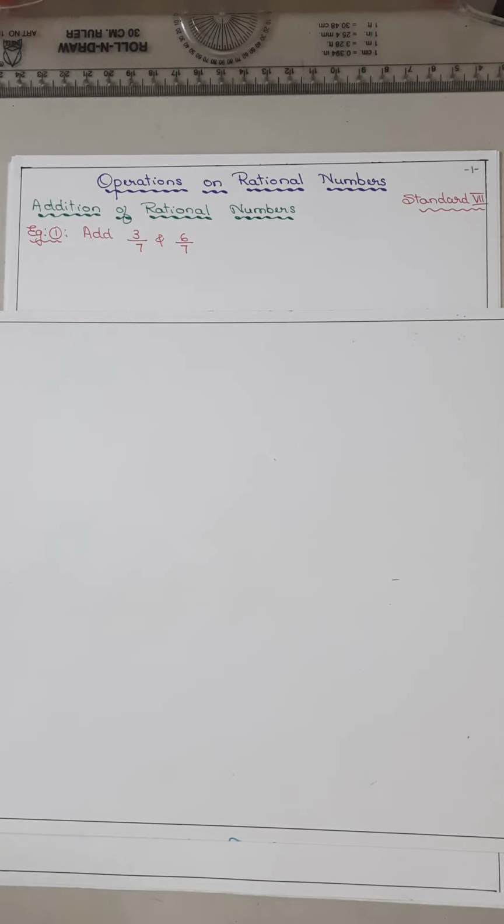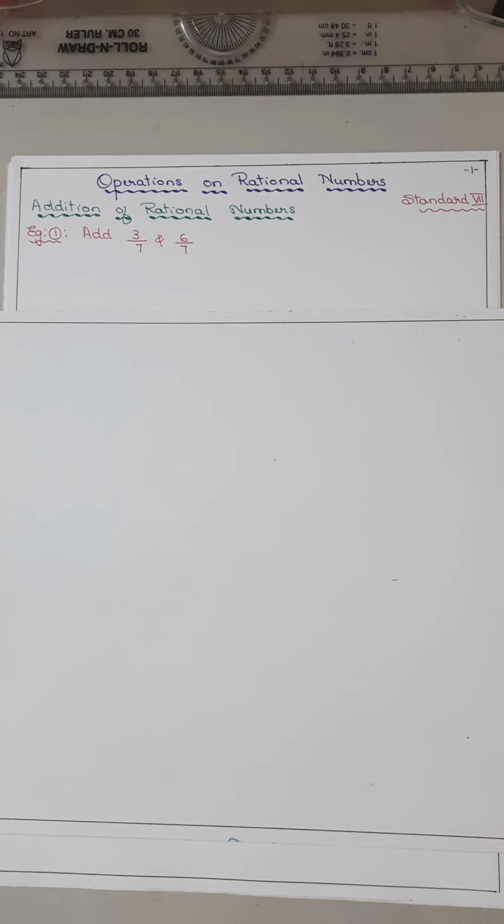So you remember the rational numbers. It is the operations on rational numbers. For that we have to remember both the fractional numbers and the integers. So you know in ordinary fractions, when the denominators are same for addition and subtraction, then the numerators have to be added or subtracted, isn't it?